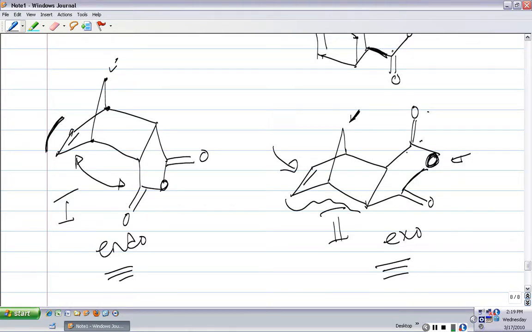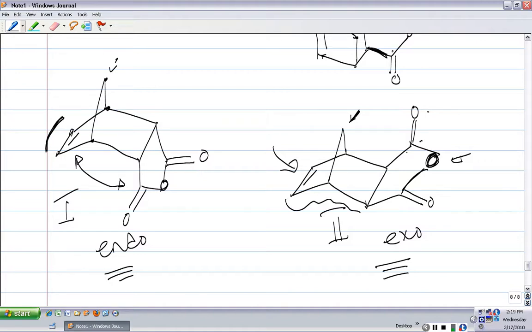So as I'm forming this endo compound, the p orbitals on the carbonyl groups overlap with the p orbitals of the carbon-carbon pi bond, exactly below them. That overlap is bonding. Bonding stabilizes. So the transition state leading to the endo compound is actually stabilized because of p-p overlap. And so formation of the endo compound is easy.